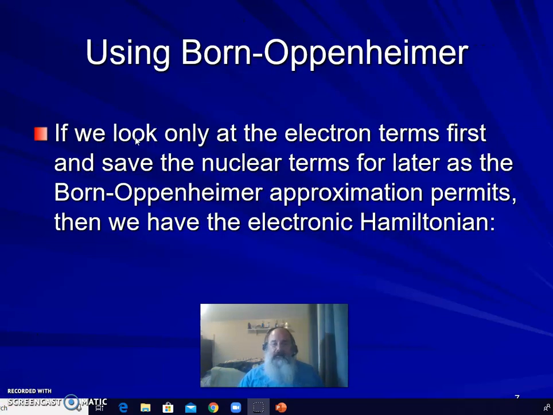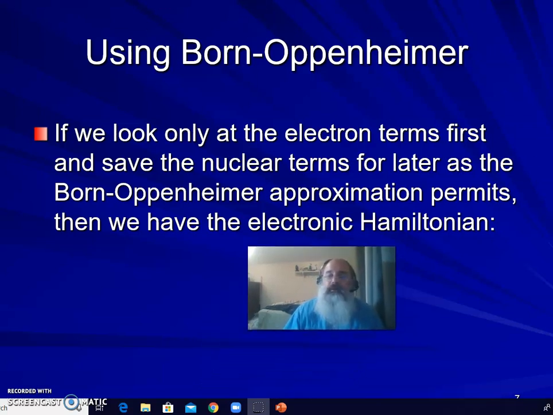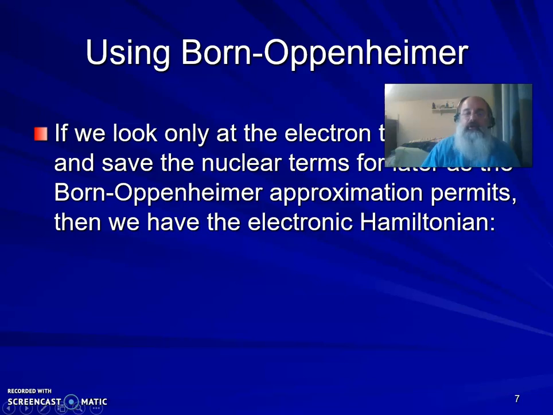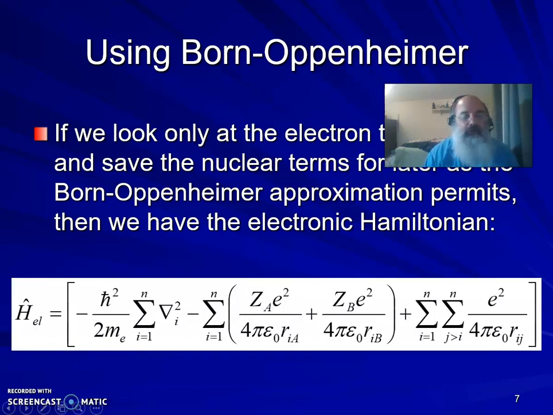And again, to make the math more manageable, we're going to look just at the electron terms first and save the nuclear terms for later. And so we'll remove those nuclear repulsion terms and write a Hamiltonian that looks like this. The electronic Hamiltonian, we've still got nucleus mentioned here in the electron-nucleus attraction terms.